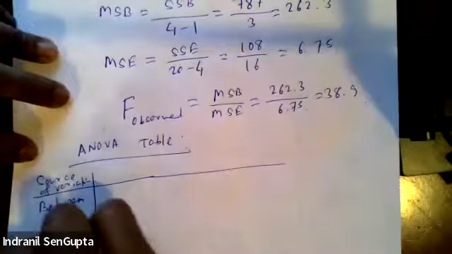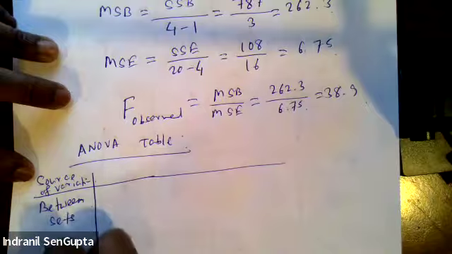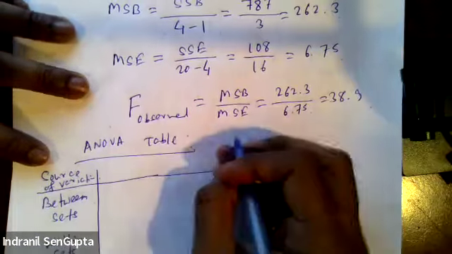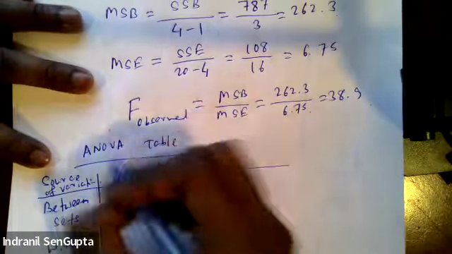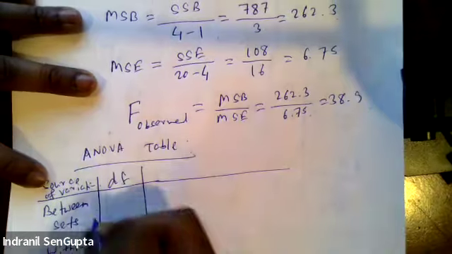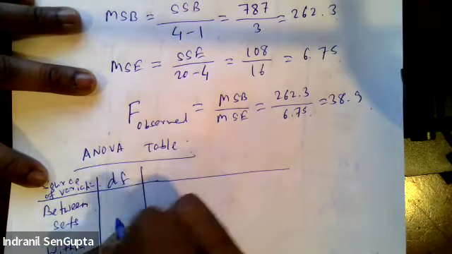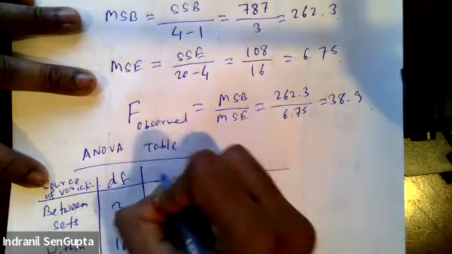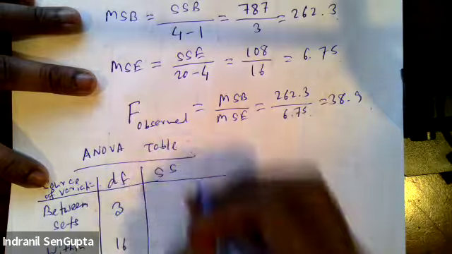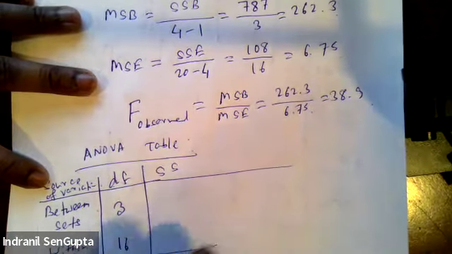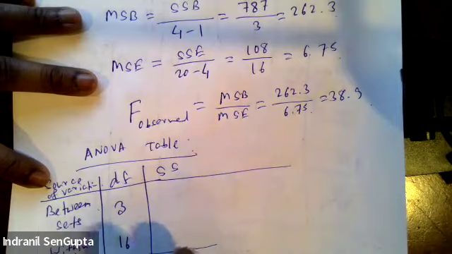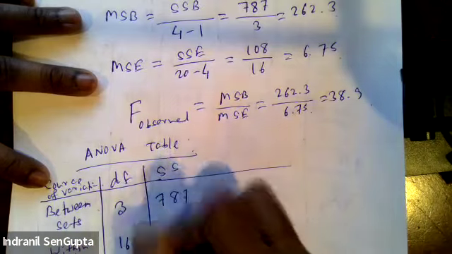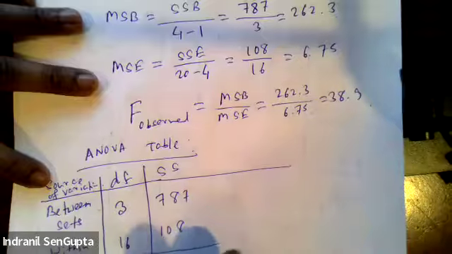So between sets and within sets. Okay. Then we write degrees of freedom. So for the first case, it's 3. For the second case, it's 16. Then we write the SS. And by the way, here for the first two, 16 plus 3, it's 19. So here it's 787, it's 108, and the total was 895.